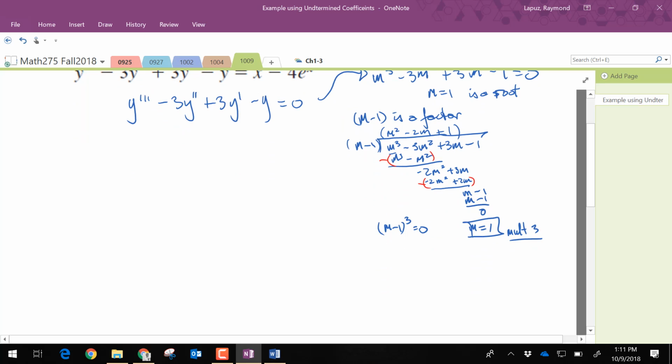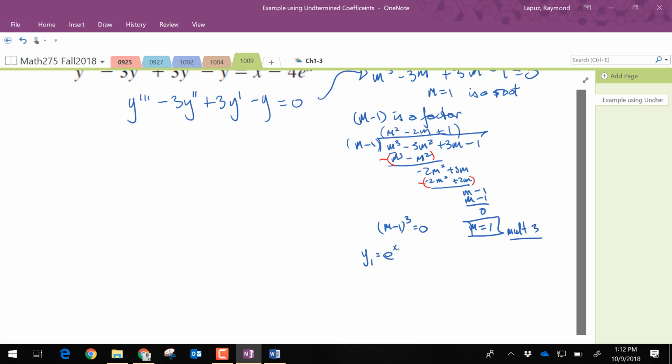So that means your fundamental solutions. Now this is a third order differential equation, so you will have 3 fundamental solutions. Based on your root, m is equal to 1, e to the 1 times x is 1 solution. And since this is repeating, by the reduction of order, we can just tack on another x in there.